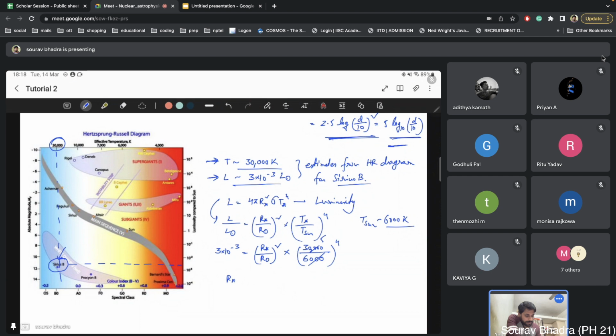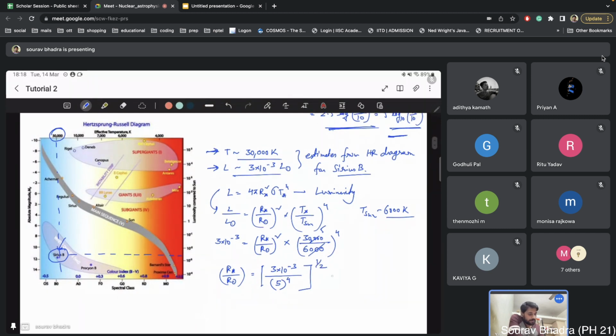Now that means your R star by R sun squared is 3 into 10 to the power minus 3 divided by 5 into 5 to the power 4, right? And if you remove that square, it will be 1 by 2 of the right hand side. Now if you calculate, this will give you a value of nearly 0.003.